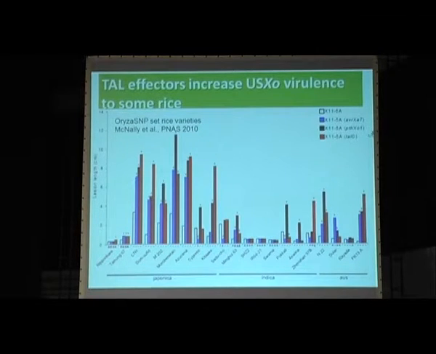These are different TAL effectors. And so you can see here on this very difficult to interpret graph that some of these TAL effectors indeed did, as we expected, enhance the virulence of the US strain. So the clear bars are the US strain on its own, and you can see hugely enhanced virulence by the addition of these TALs.